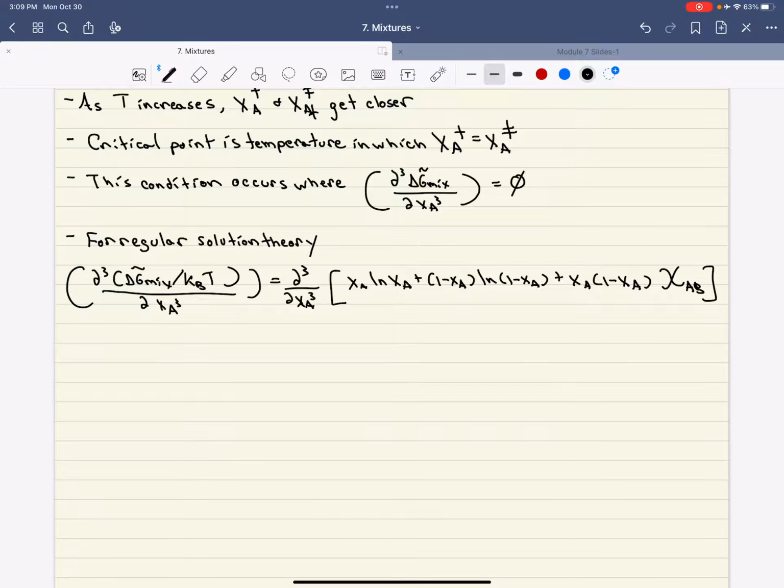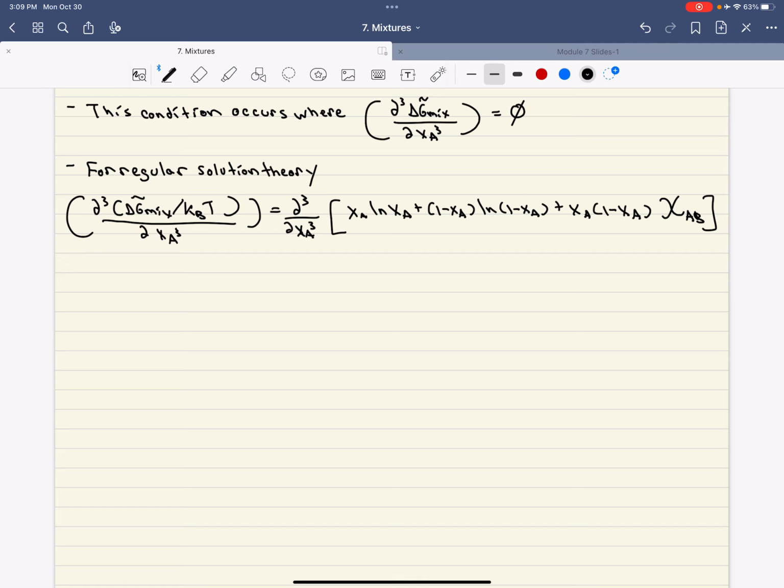If we take that third derivative, we get the following, squared plus 2 chi AB, and that's going to be equal to 0. The critical point is going to be satisfied by this equation 3 here.